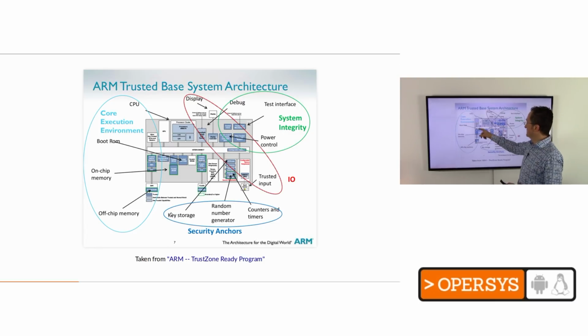So in this specific diagram, the blue stuff is trusted. The semi-blue stuff is switchable between trusted and normal world. And then the blank stuff is just non-secure, all right? So you can see here you've got trusted SRAM, and again, this is effectively on-chip memory. So this is effectively on the system on chip. There's going to be on the die a bunch of RAM.